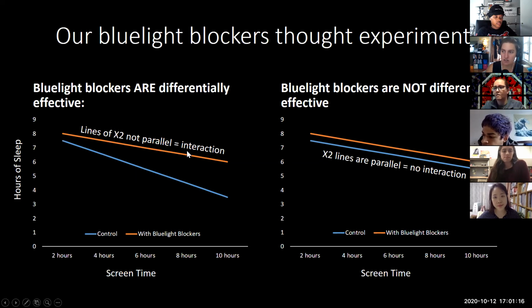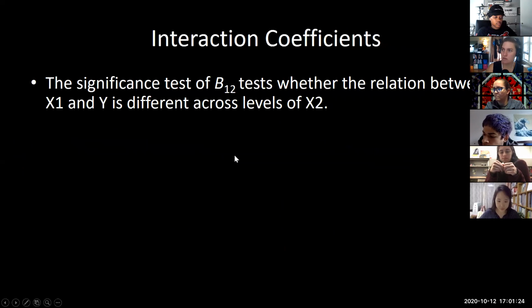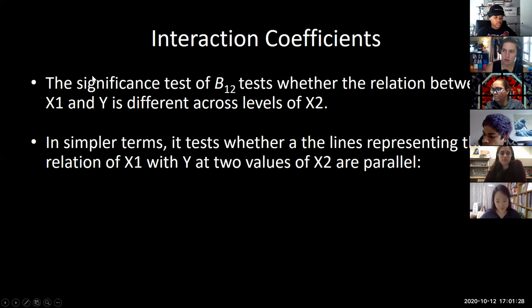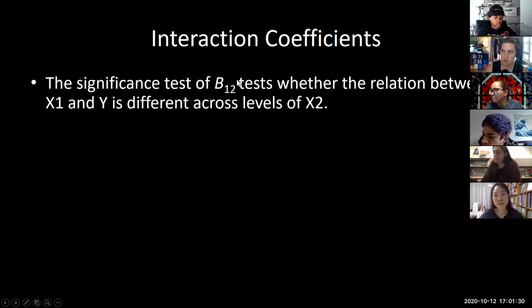So an interaction is a test of whether these lines are going to be parallel, essentially. Within an interaction model, the interaction coefficient is testing basically whether the relation between x1 and y is different across levels of x2.